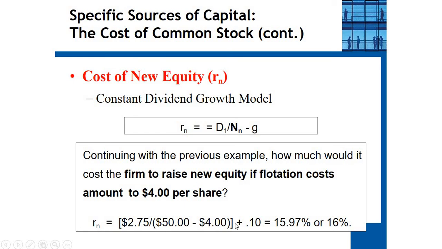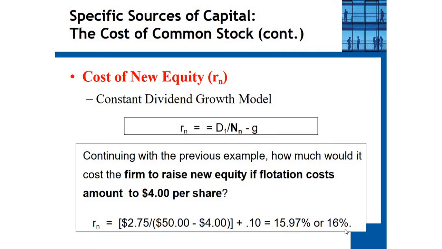This is divided by the net proceeds, which is the current selling price of this stock minus the flotation cost, $50 minus $4, plus the growth rate of the dividend payment, which is 10%, or simply 0.10. So the cost of new equity for this stock is 16%.